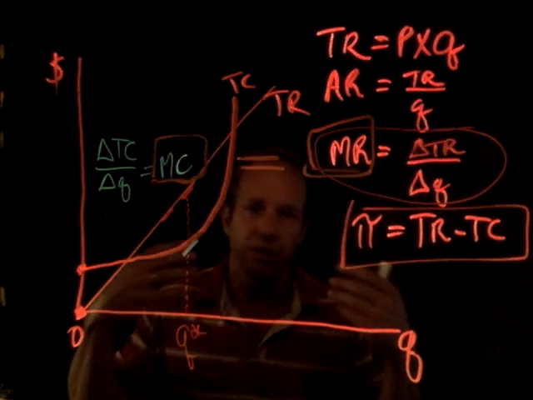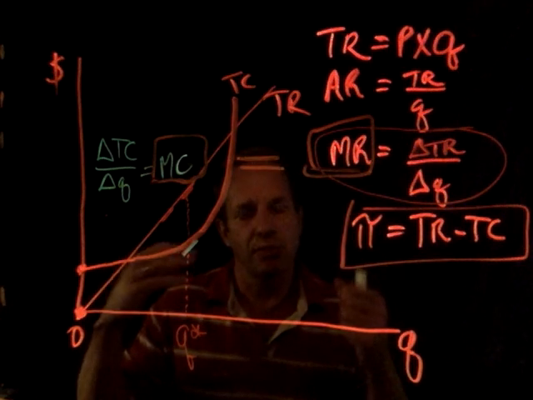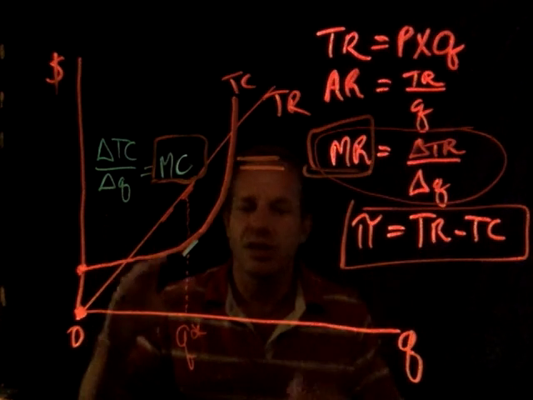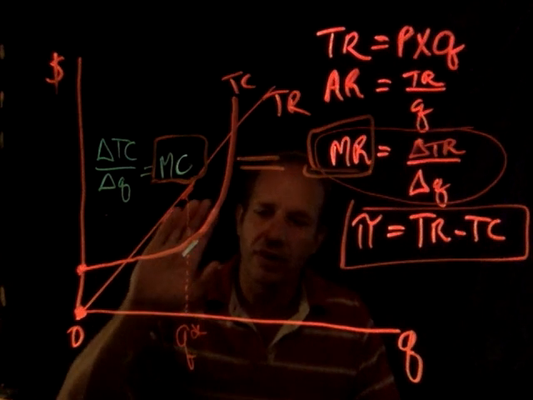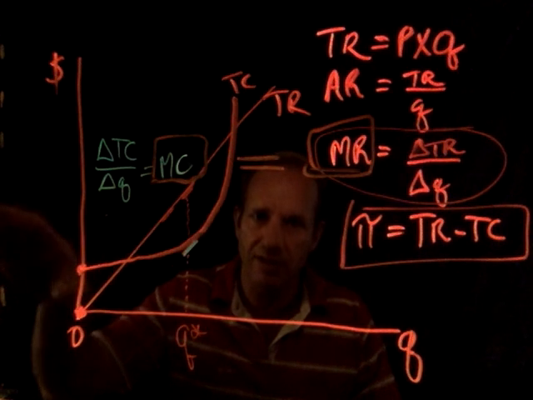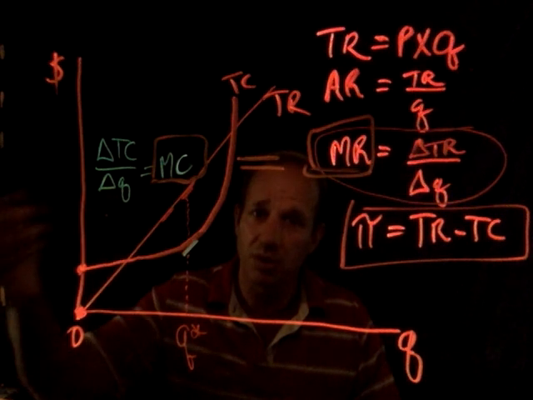Or putting it more in lay terms, my profit maximizing level of output is right where the next unit I produce costs me the same amount as it brings in. Because after that, the next one will cost me more than it will bring in.